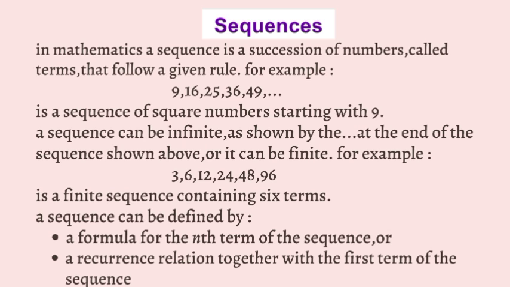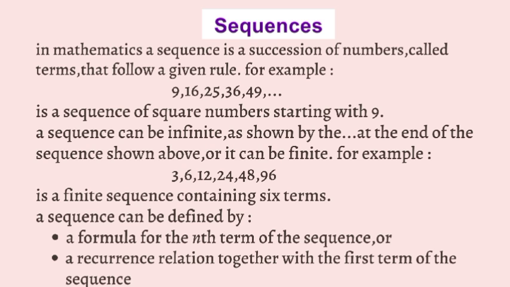Sequence. In mathematics, a sequence is a set of numbers, called terms, that follow a given rule. For example, 9, 16, 25, 36, 49 is a sequence of square numbers.